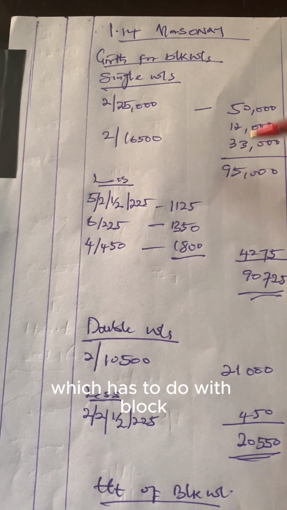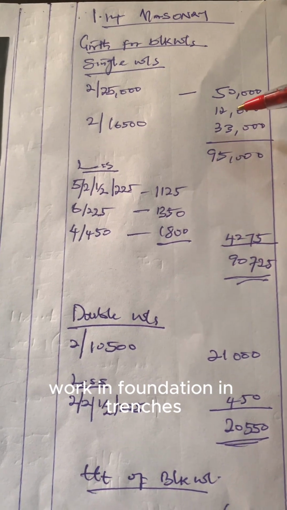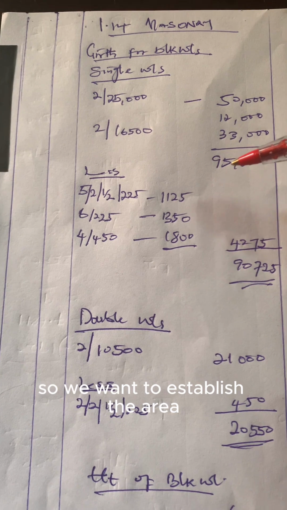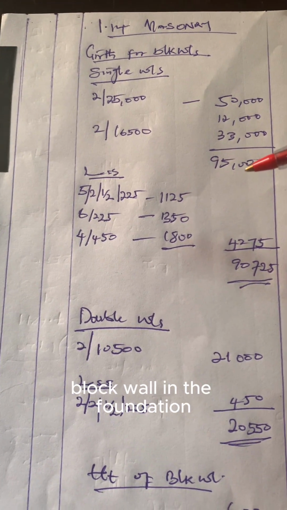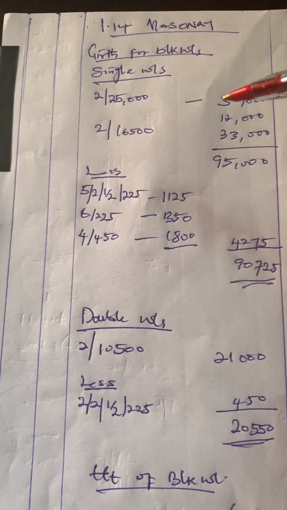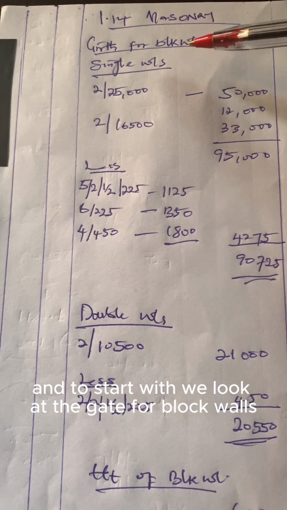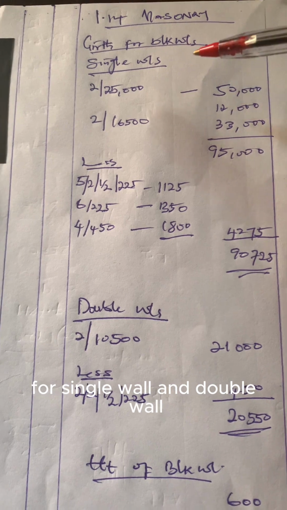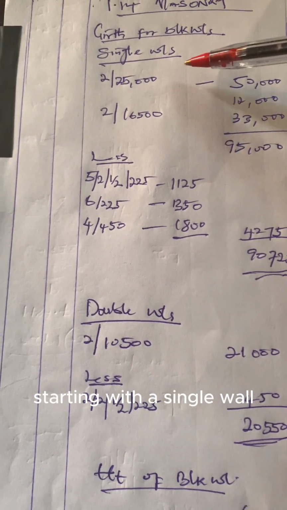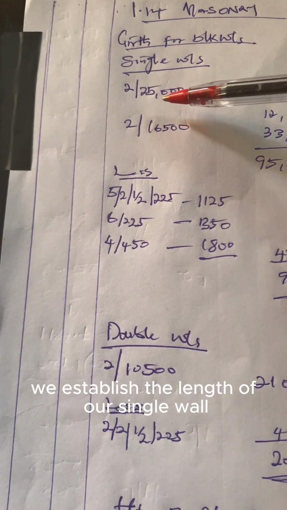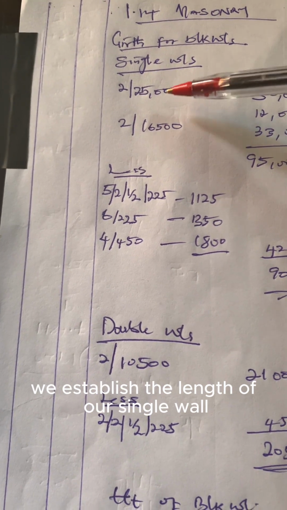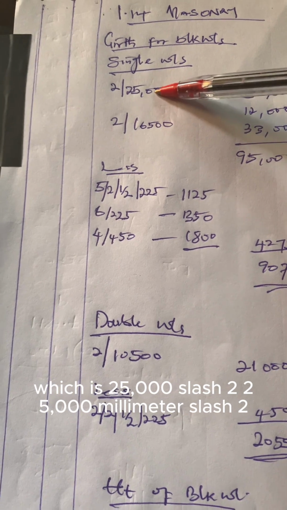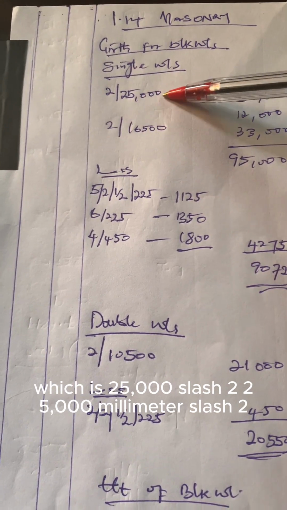All right, the last item on the list of taking off for substructure is masonry, which has to do with block work in foundation in trenches. So we want to establish the area of block wall in the foundation, and to start with, we look at the length for block walls, for single wall and double wall. Starting with the single wall, we establish the length of our single wall, which is 25,000 by 2 millimeter.